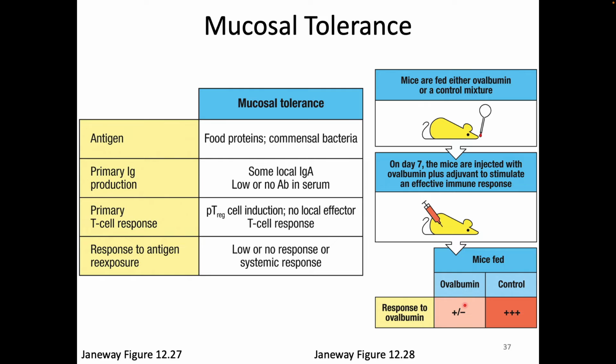So when we look at food proteins or commensals, we largely will see Tregs being induced instead of other T cells. And we really see no other response in the system.